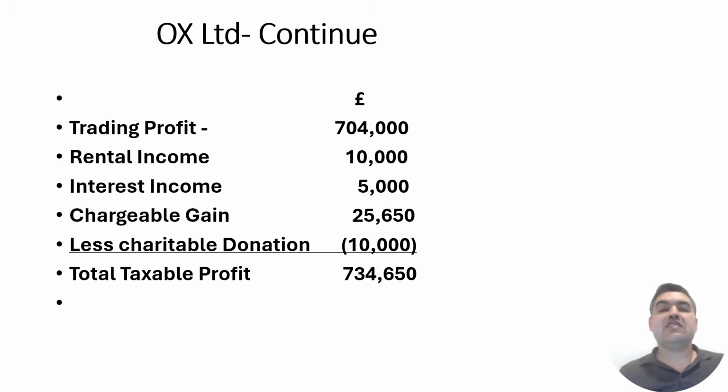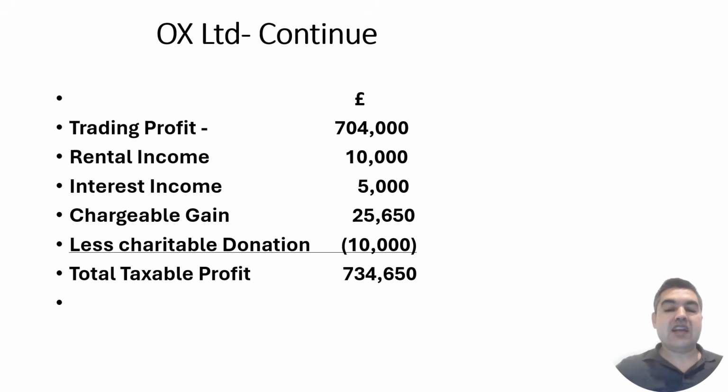Now we came up with the trading profit, rental income, interest income, chargeable gain. All of them are subject to corporation tax. However, we just need to put them in separate schedules. That's how HMRC wants to see this information on the corporation tax return. And because we can see that there is a profit subject to corporation tax, relief will be given for any charitable donation.